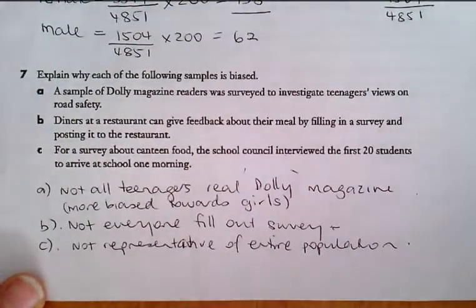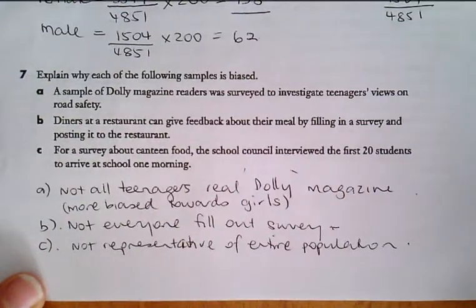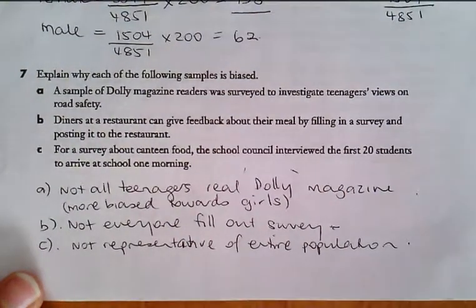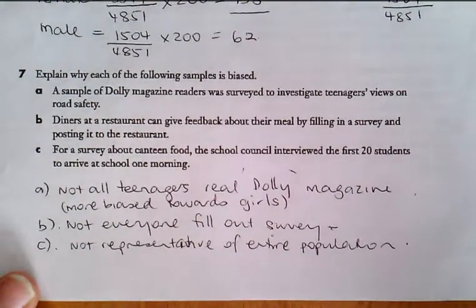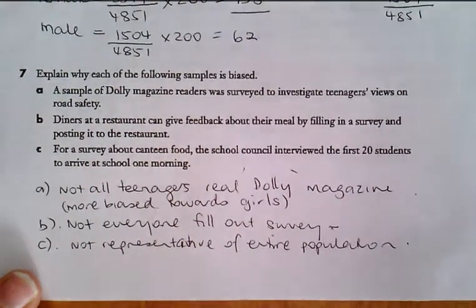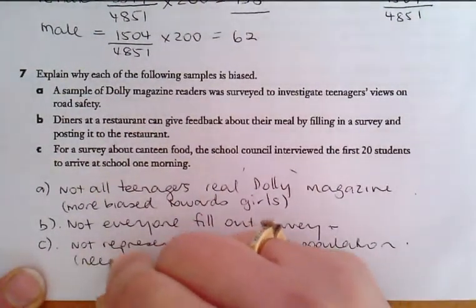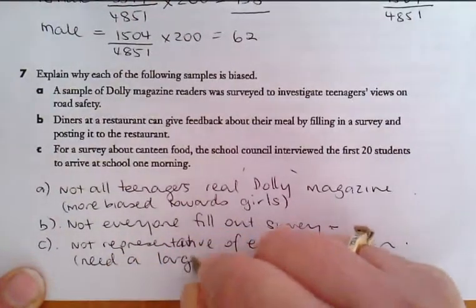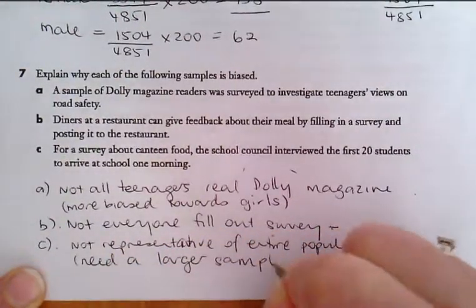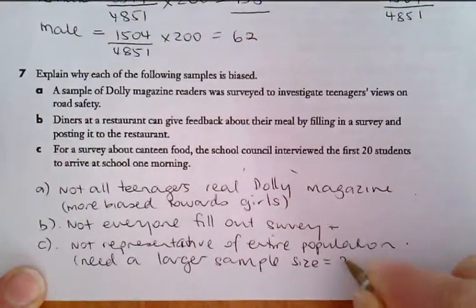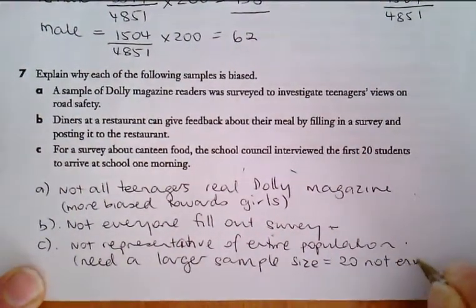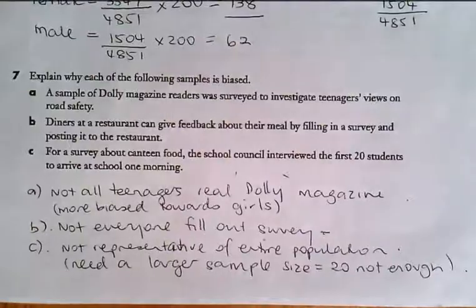It might be better to use a systematic sample. It might be, for example, every 20th student that walks in, or every 10th student that walks through the gate. And also you probably need a larger sample size as well. 20 is not enough, not for a whole school of say 700, okay?